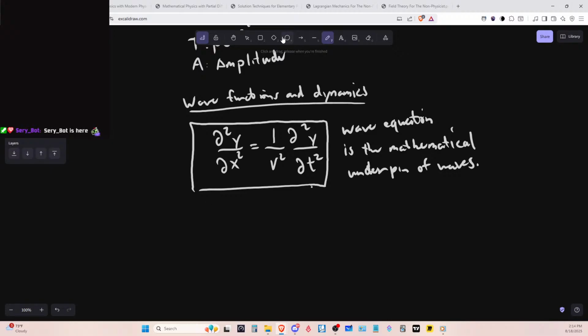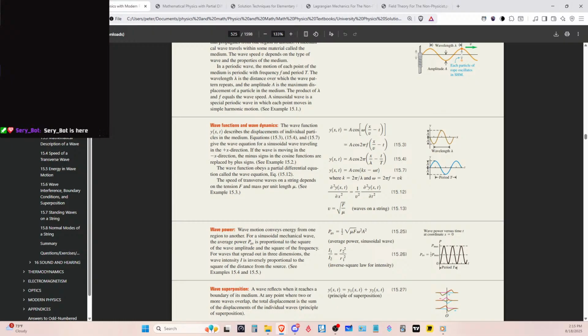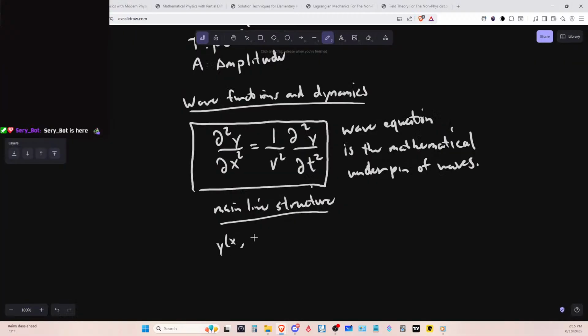So we'll write the mainline structure for this, which is a cosine.